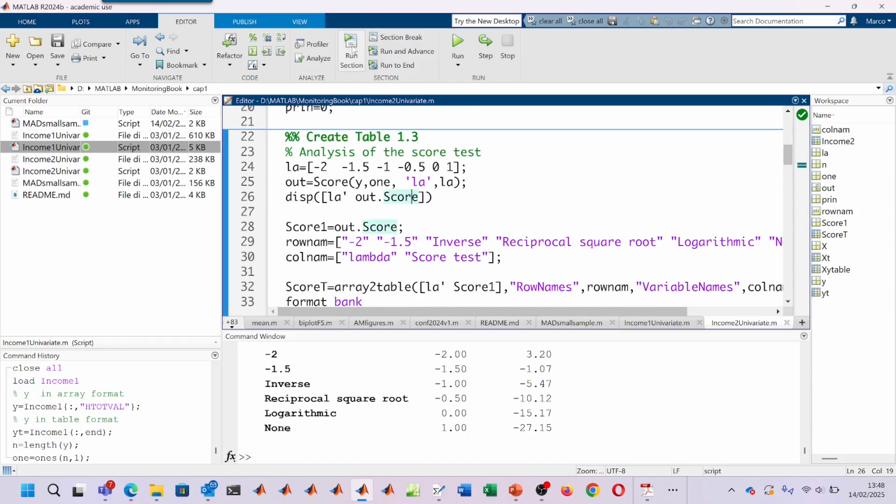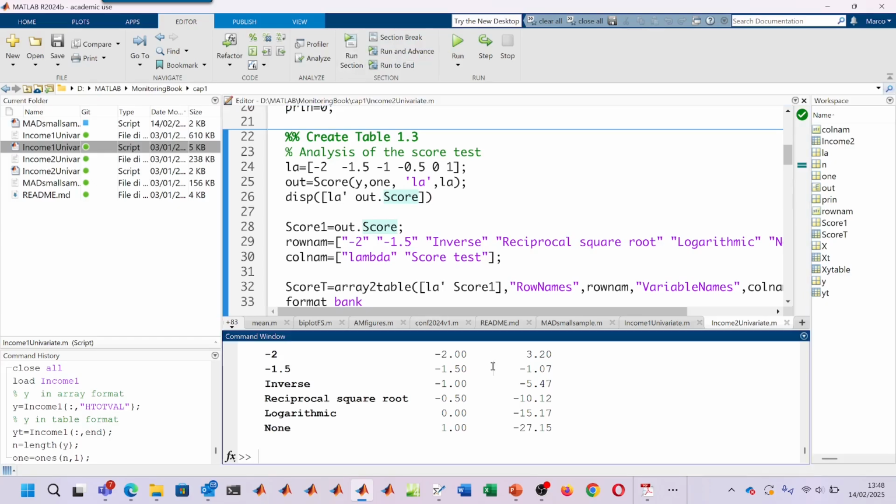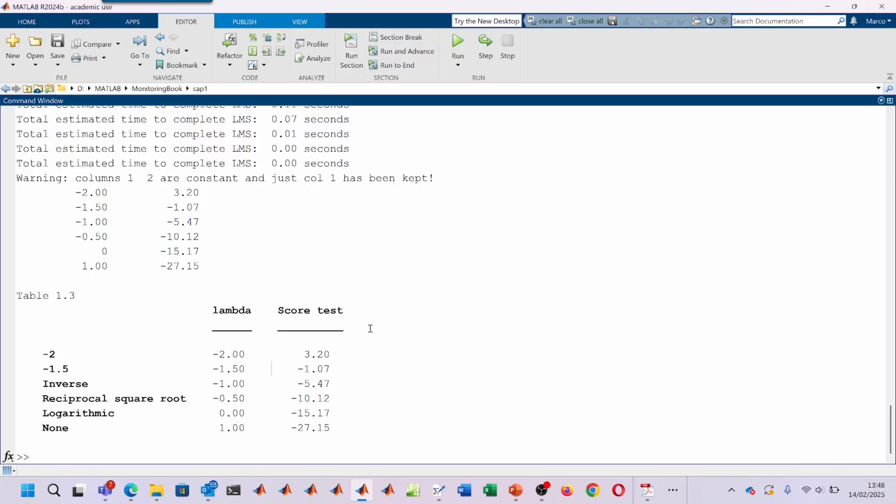As we did before, we now compute the same score test for a set of values of lambda which are -2, -1.5, the inverse transformation lambda equal to -1, then the reciprocal square root, and then log and none.